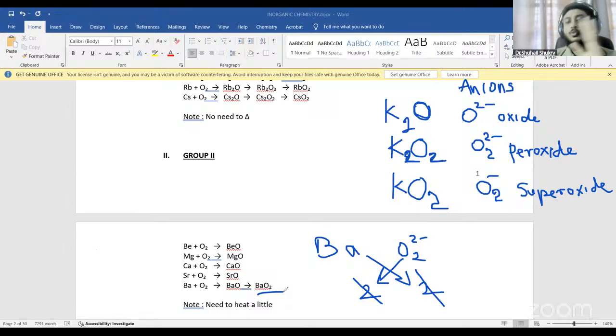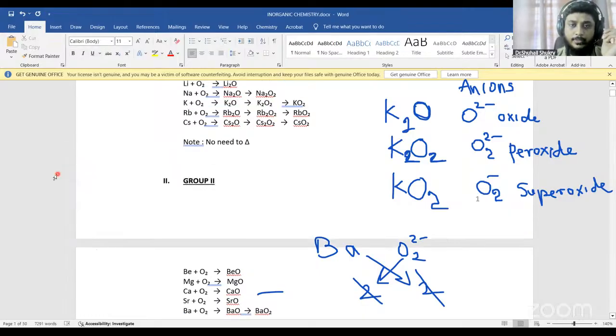In group 2, everyone goes to oxide level with oxygen except barium, which goes to peroxide level, because you have to heat everything to go for this. But group 1 people, no need to heat. They just react with oxygen because they love oxygen. But group 2, you have to heat it. Then only they will react with oxygen. Is it clear, people?